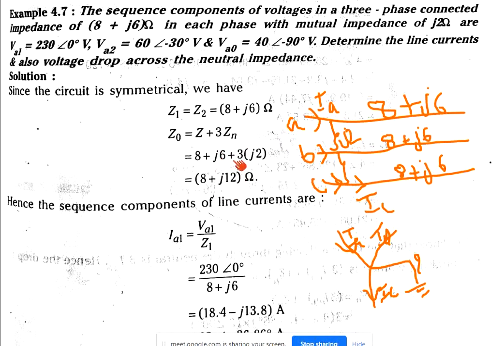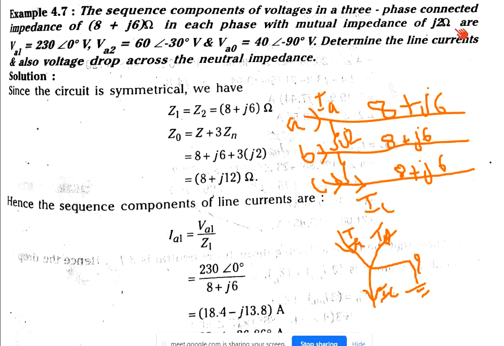Here Z is given as 8 plus J6, and Zn is given in the question itself as 2 ohms, the mutual impedance.